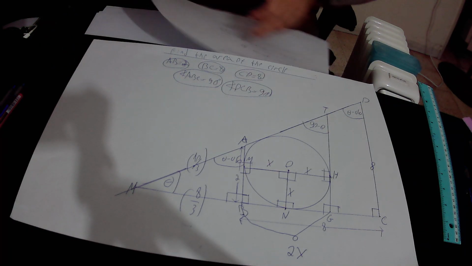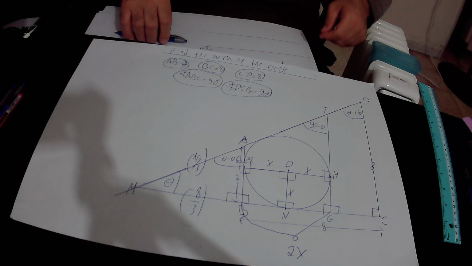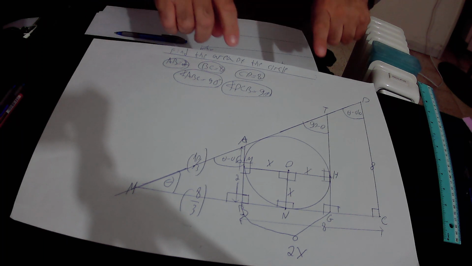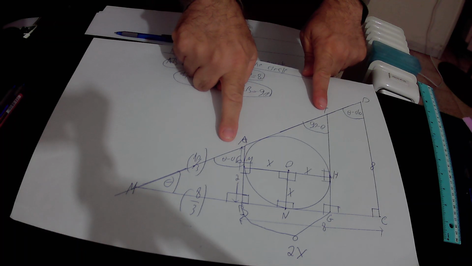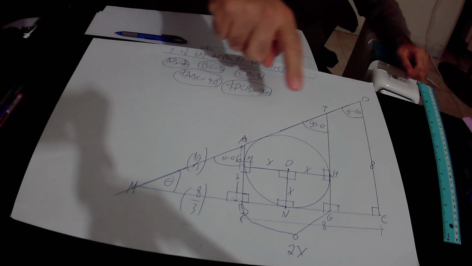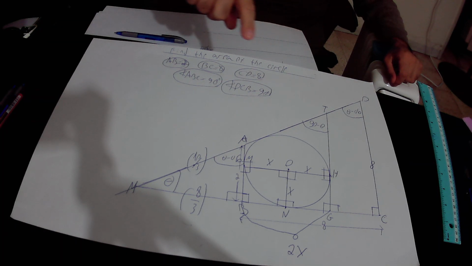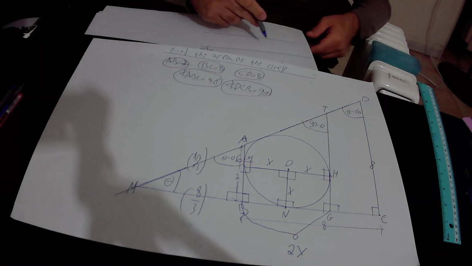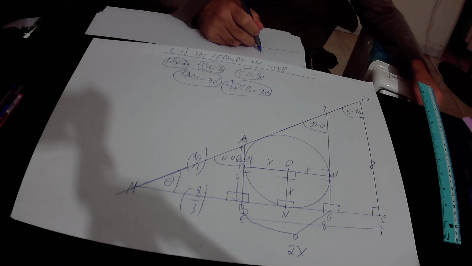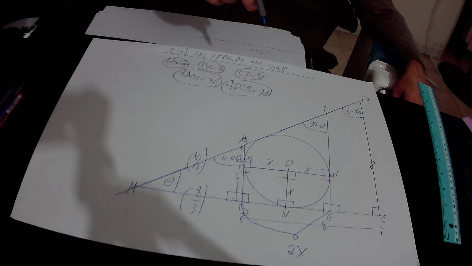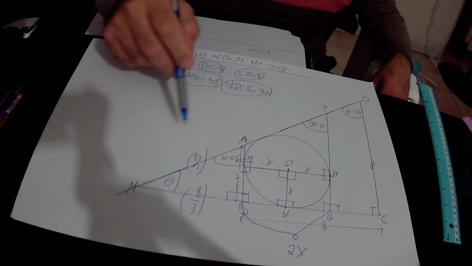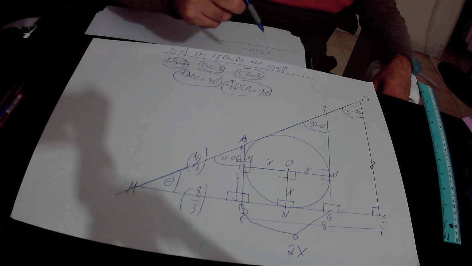And finally, we have those angles that are both equal to 90 degrees minus theta, therefore they are equal to each other. So you can write down that angle GTM in the big triangle equals angle MAB in the small triangle.